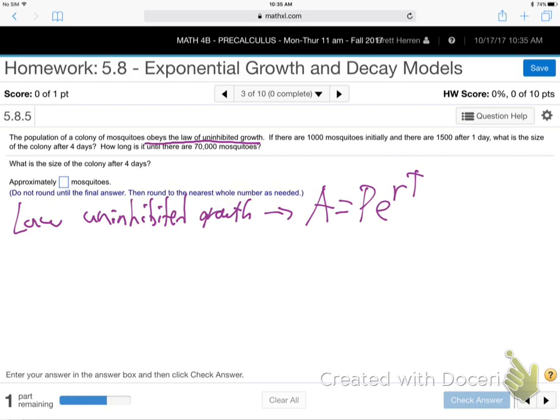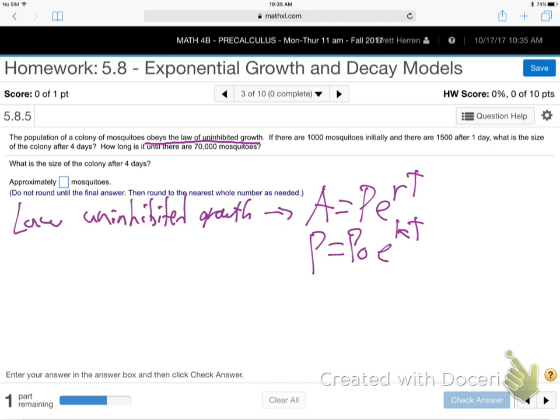Now, if you click on the help button for MathXL, they change the letters. I think they call it P, and they call this P0, and I think they call that K. It's the same formula. I don't want you to be confused by that. But I want you to know if you click on the help button, they'll do the same thing.